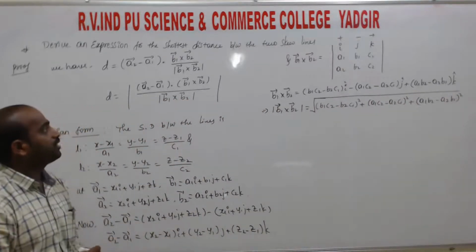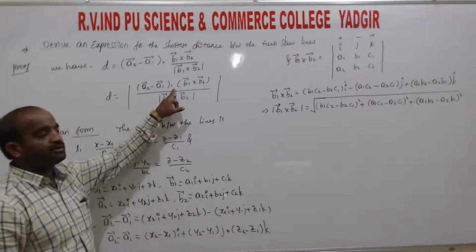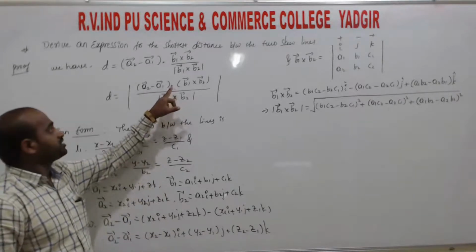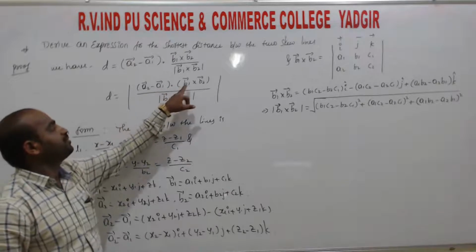Also we have to find the numerator. The vector equation takes the form (a2 minus a1) dot (b1 cross b2).